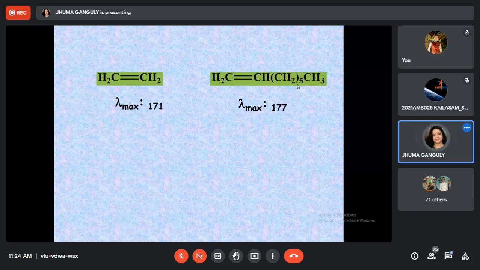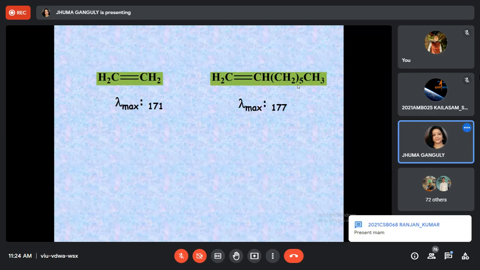Then tell me why this will happen. The pi electrons are the same. Then what happened in these two simple molecules? The system is a simple single pi electron system, but still showing two different lambda max. Why did this happen? What is the difference?